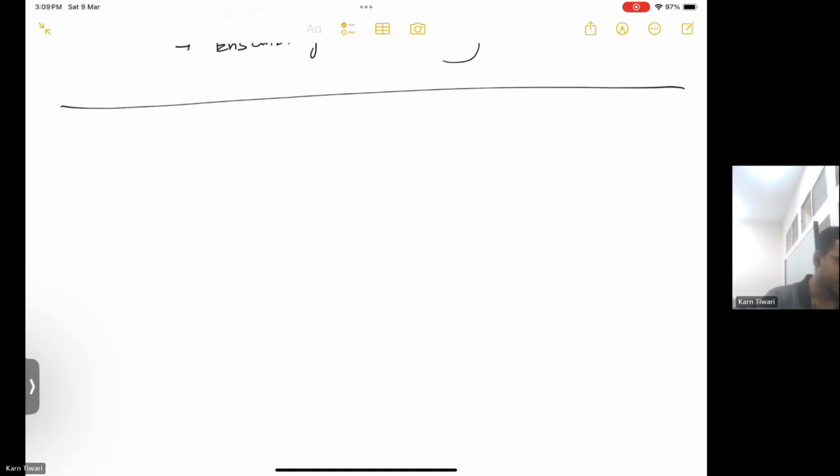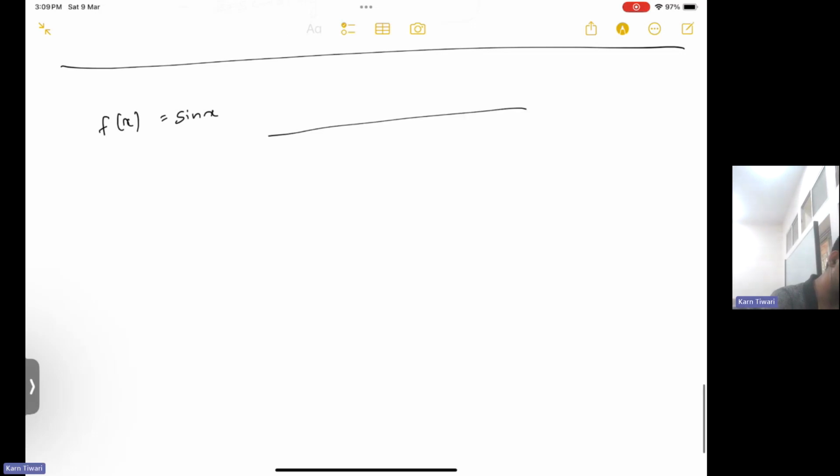For example, I have an underlying function from where I am having data. Suppose the underlying function is f of x, which is basically sin x. Sin x looks something like this.